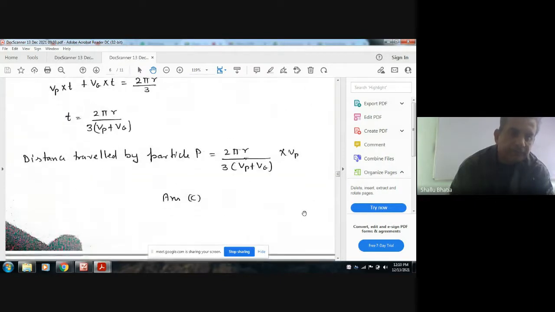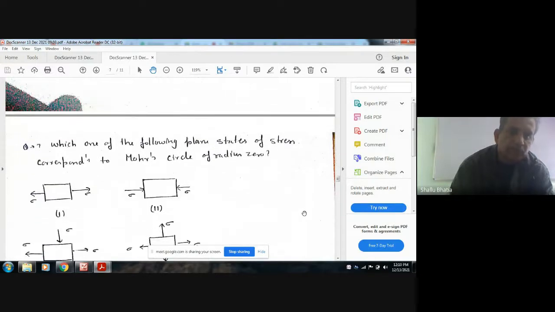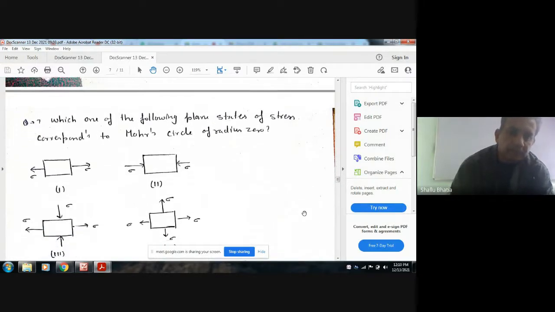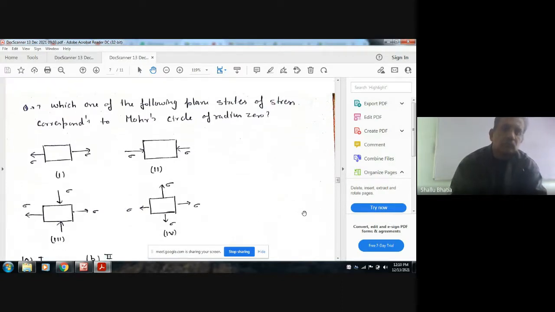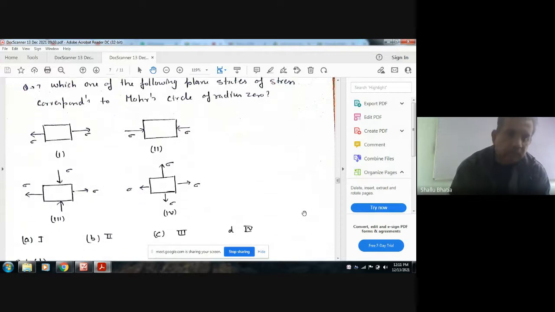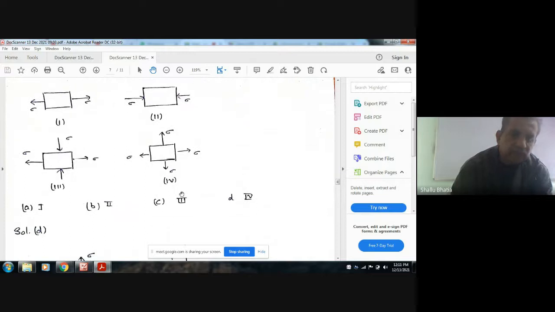Next question. Which one of the following plane states of stress corresponds to Mohr's circle of radius 0? We know that the Mohr circle of radius 0 corresponds to equal stresses in the x and y directions. So the answer is 4.